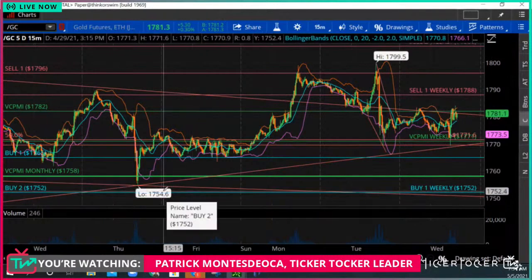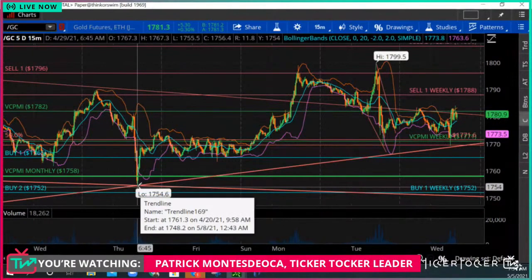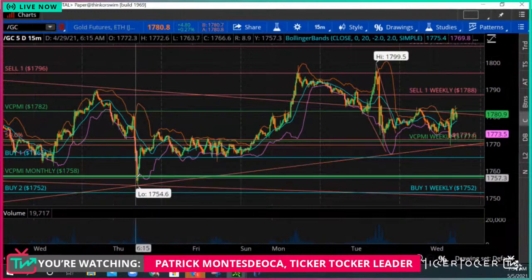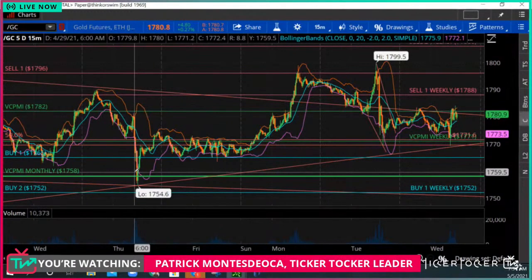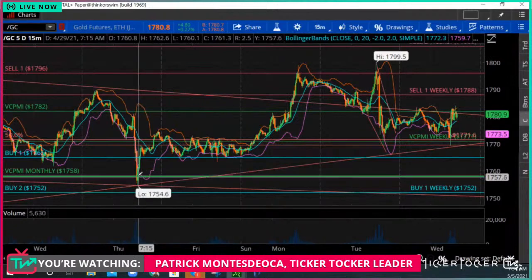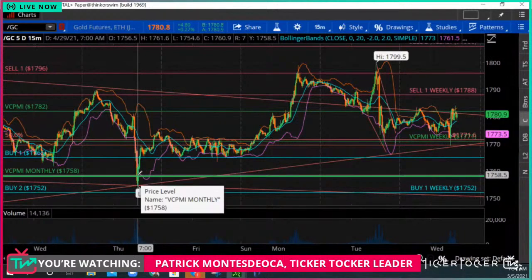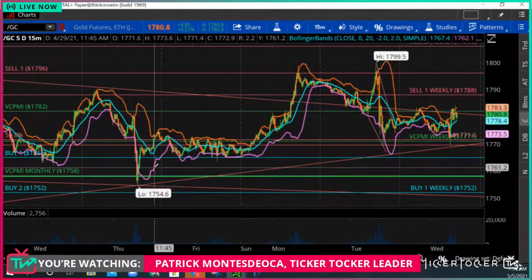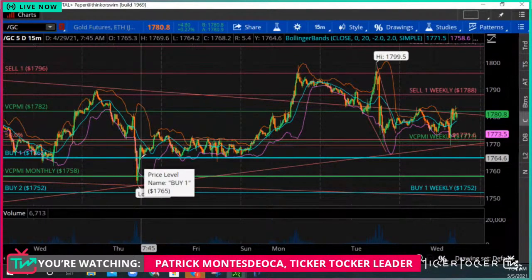The low is 1754.60. So buyers came in at a higher level. Came up to the monthly average. It engaged the monthly average into a monthly bullish price momentum, and the target was completed right away.